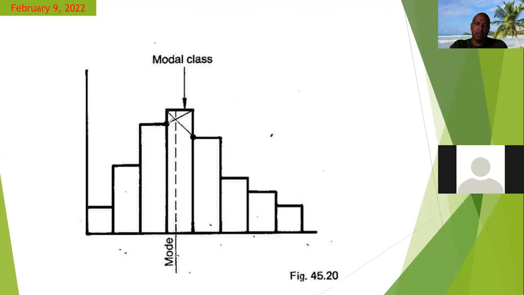And then from the corner where these rectangles rest on the side of the highest rectangle, we draw diagonal lines to the top corners. So from the left-hand side, we draw a diagonal line from the lower left to the upper right.